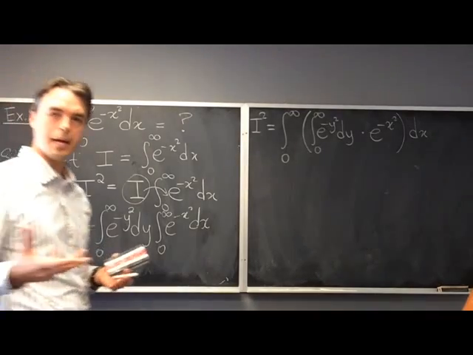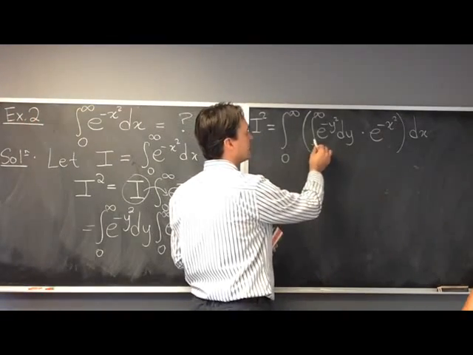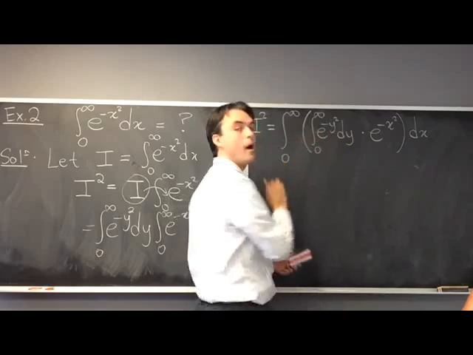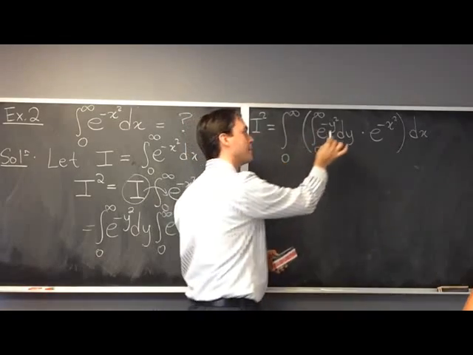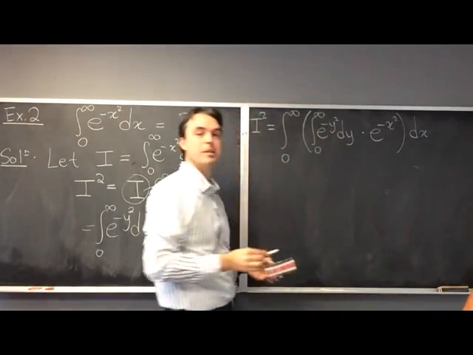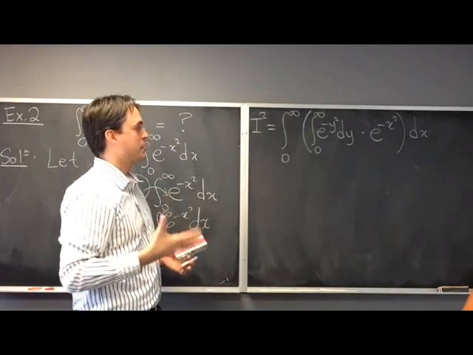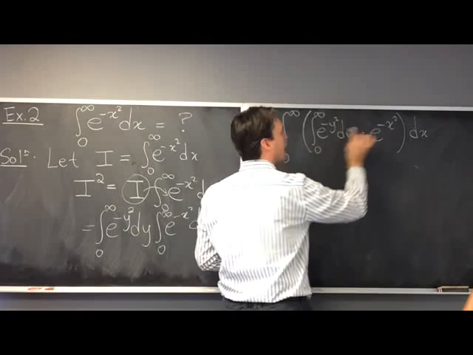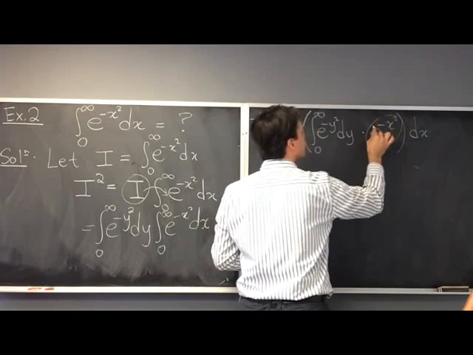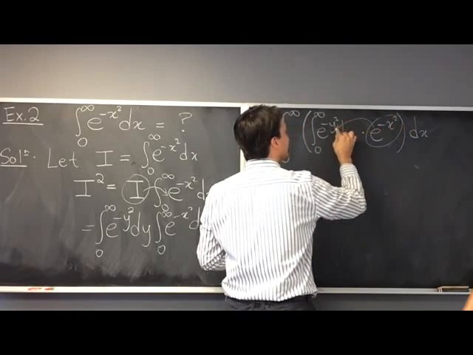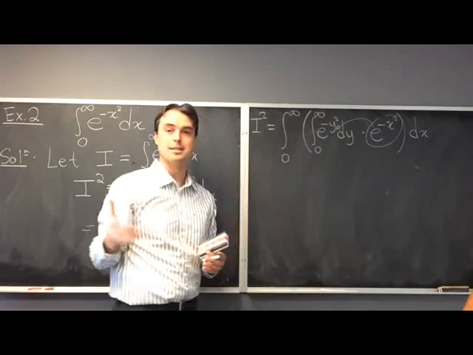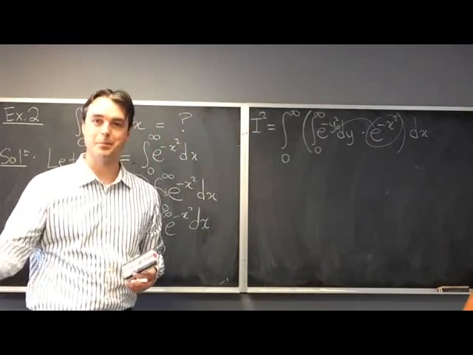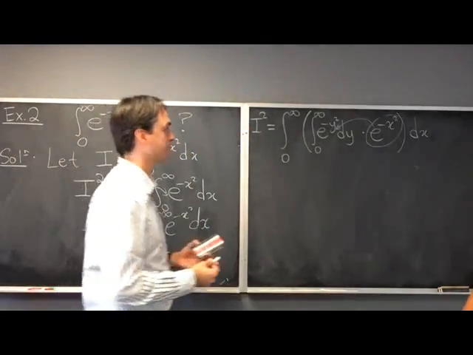And I could also think, okay, this is an integral with respect to y. I'm adding everything up, a limit of a Riemann sum with respect to the y variable. So this x here is independent of that y. So I'm going to take this e to the minus x squared and bring it inside that integral. We're used to bringing constants out of integrals, but here we're bringing constants into the integrals.